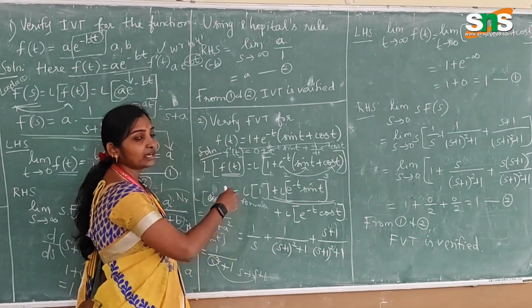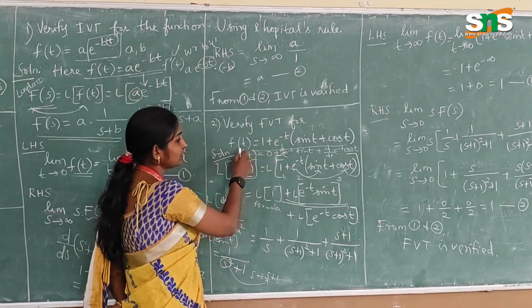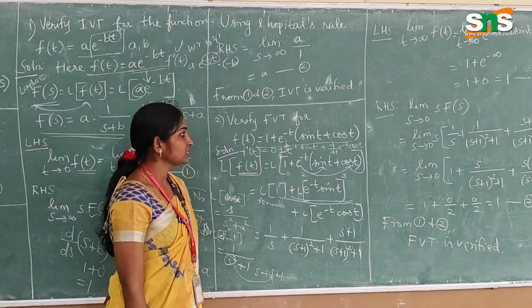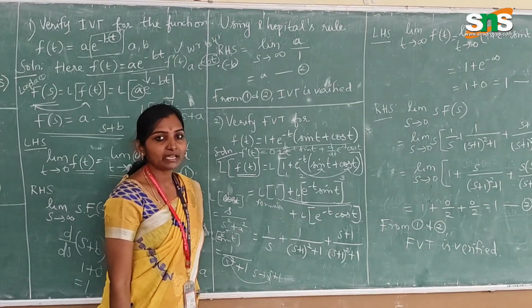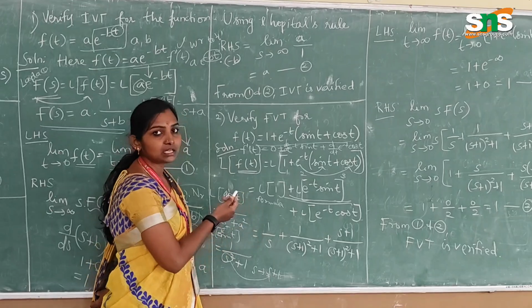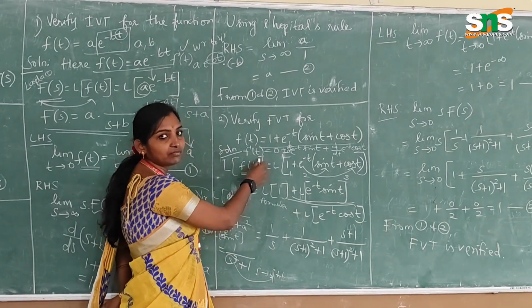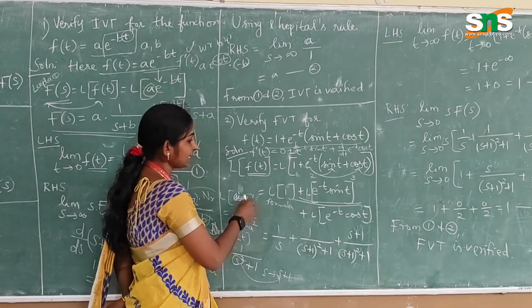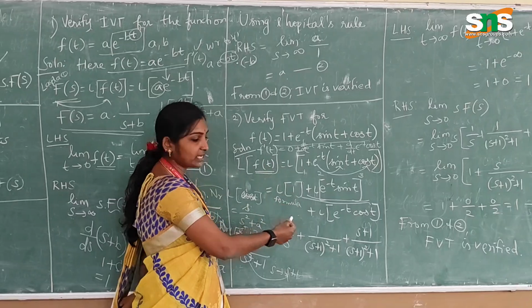Now, we are just verifying the final value theorem for the given function f of t is equal to 1 plus e power minus t into sin t plus cos t. Wherein we have just found that f of t and f dash of t are existing and L of f of t is also existing.